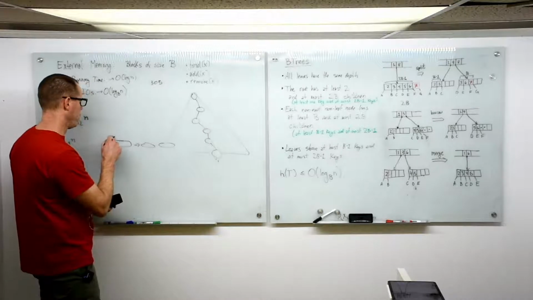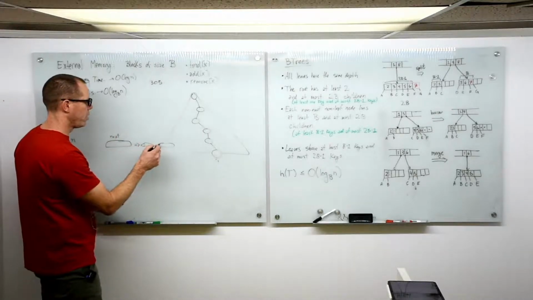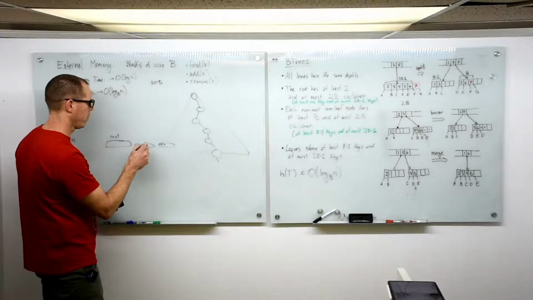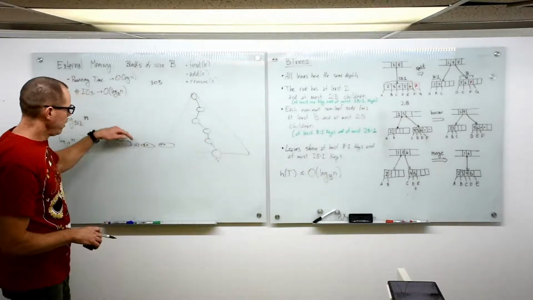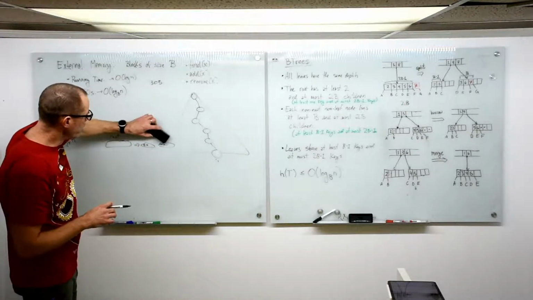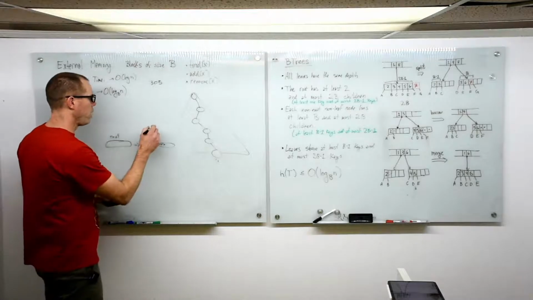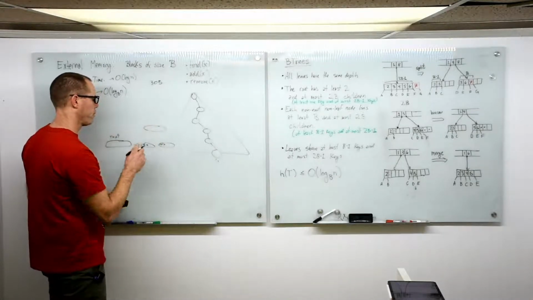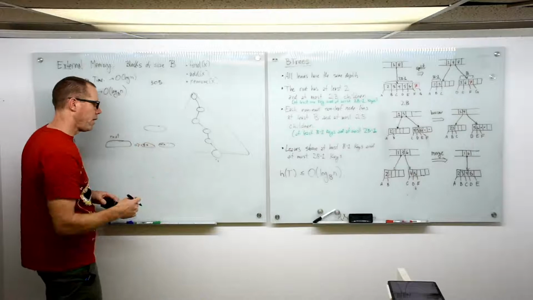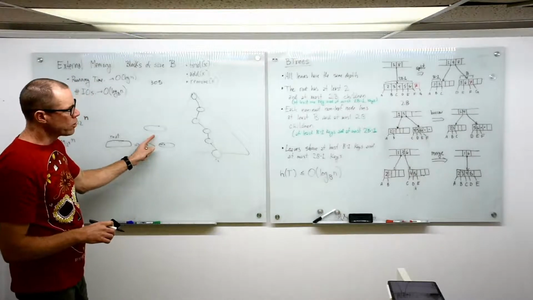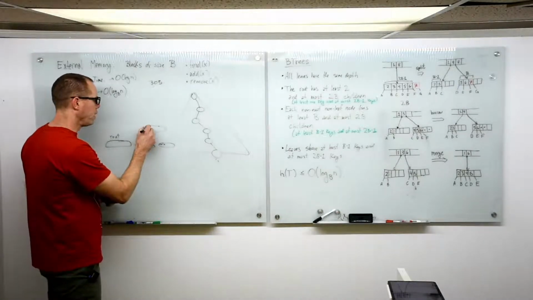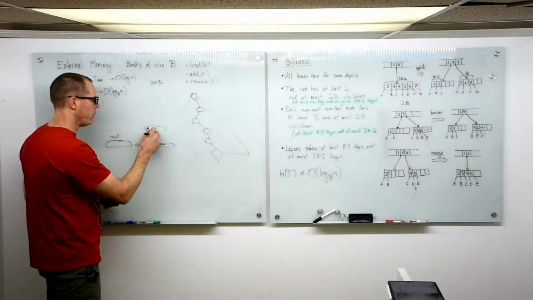So this is the root. It gets split into these two things. You can't have two roots, so what you do then is you create another root. And that key that these things shot up ends up being the one key that lives in this new root.